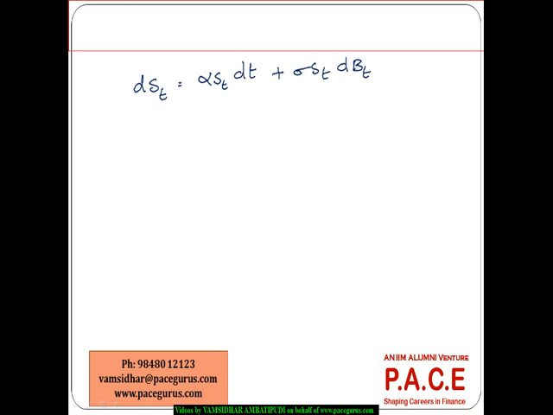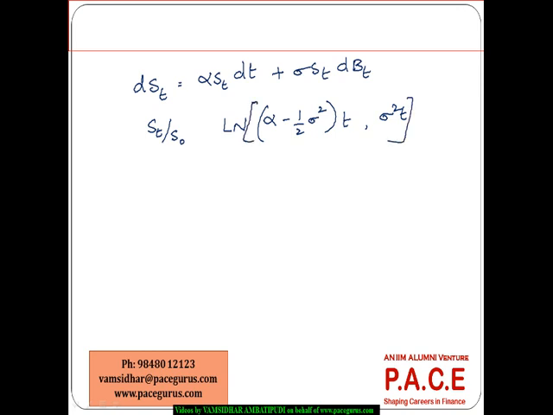This is the differential equation for the geometric Brownian motion. We said earlier that St by S0 will follow a lognormal distribution with the parameters alpha minus half sigma squared times t, and the variance being sigma squared t.